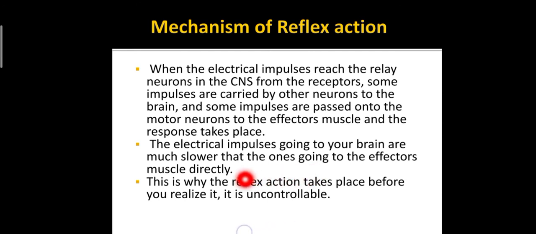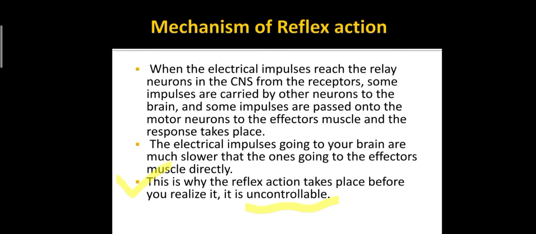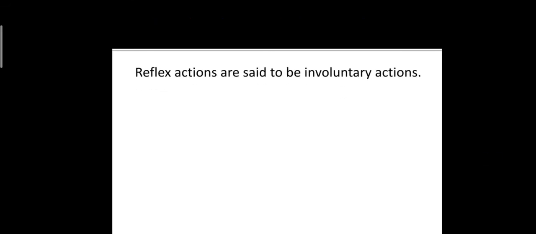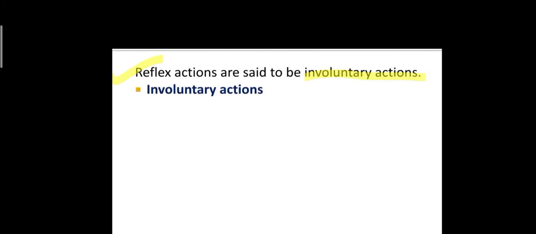This is why the reflex action takes place before you realize it, so we call it uncontrollable. Reflex actions are normally uncontrollable, so they are also called involuntary actions.